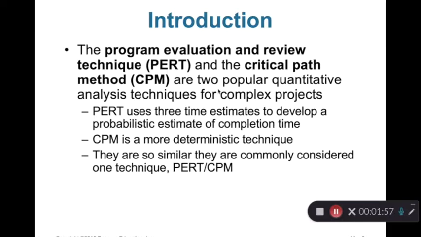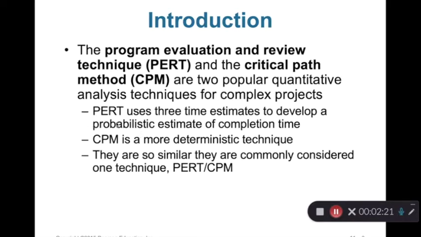We have to figure them out, and then we want to know whether or not we can complete the entire project on time, because critical activities can affect the completion of the entire project. We don't want to delay the completion of the entire project. This is why we have to find out all the critical activities.